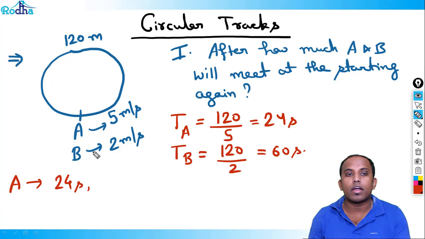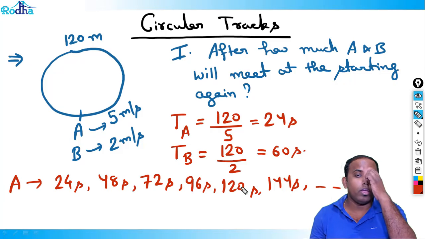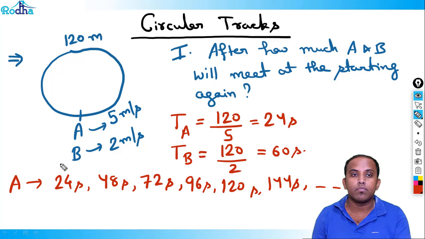The second time A reaches the starting point after again 24 seconds, that is 48 seconds. Again A reaches the starting point after 72 seconds, that is the third time, and like this at a gap of 24 seconds: 96 seconds, 120 seconds, 144 seconds, like that. That's for infinity if it's running for infinite time. So the gap is every time 24 seconds here.